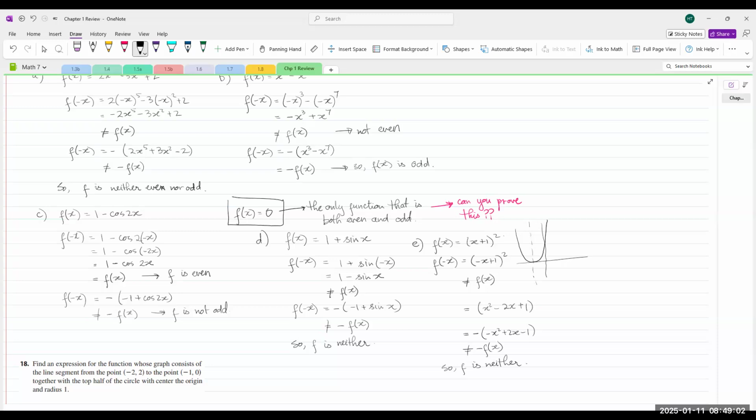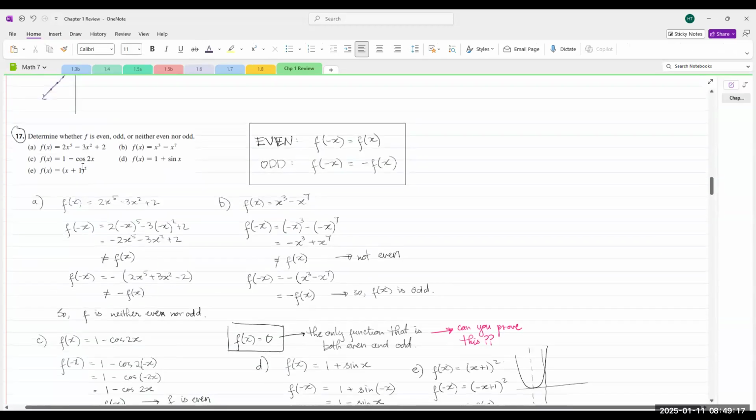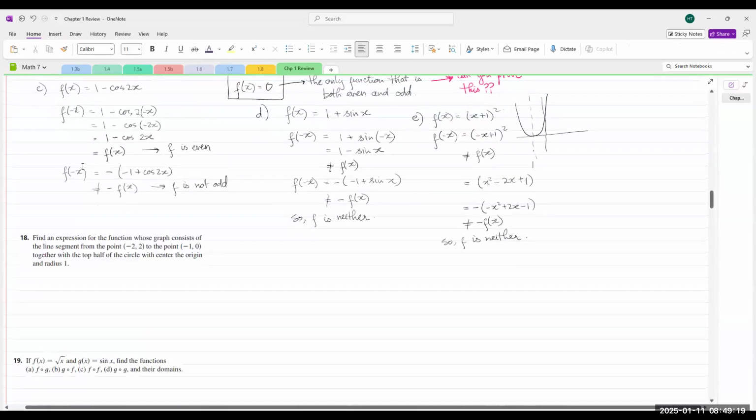So for part E, we do have symmetry, but it is not the symmetry of even or odd functions. Now that's for number 17. This is the type of question I very likely ask you in your test.